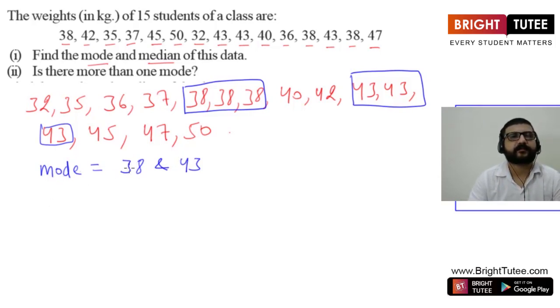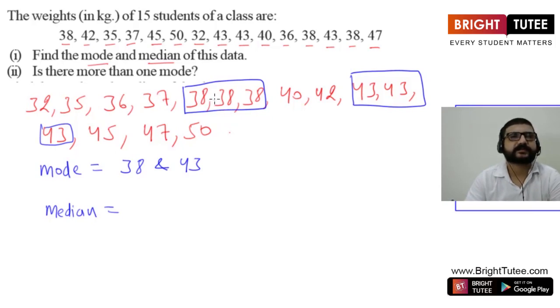Now after mode we have to find the median of the data. Now as we know, median of the data is the middle value when the data is arranged in ascending or descending order. Now since there are 15 students, these are the 15 numbers written here in ascending order. Now we have to tell which term is the middle term.